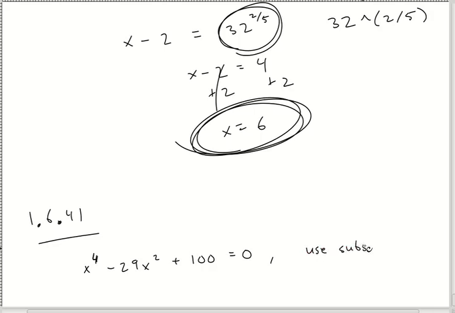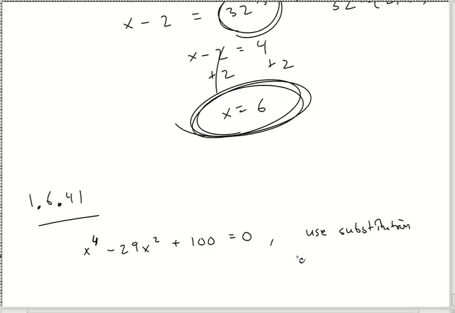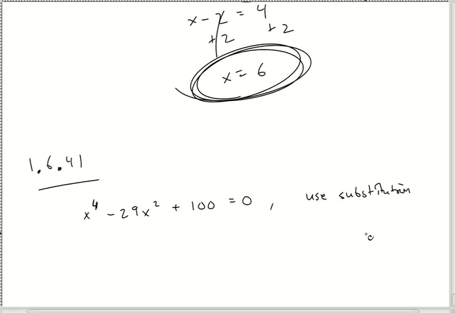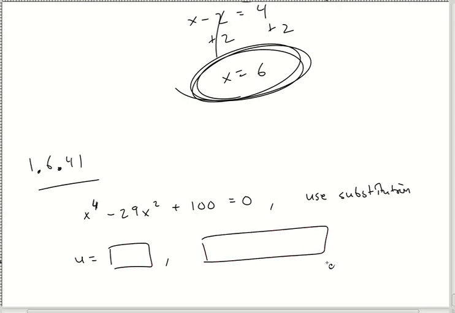Okay, they say use substitution. Now, I know the word substitution. They mean plug it in. What they're wanting here, though, in my math lab, they say u is equal to blah, blah, and then they got a big old blah, and that's it. Go on, figure it out.